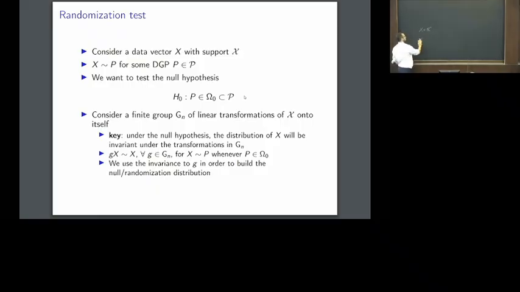What's one easy example for making sure that these two have the same distribution? What would be one sufficient condition, let's say on the entries of x?